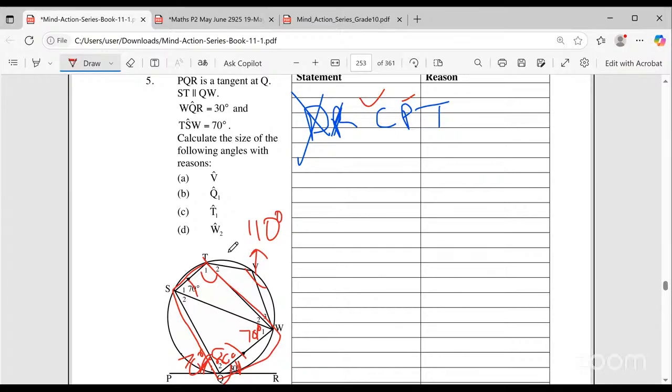Then now, what is the size of angle W2? 10 degrees. Yes, reason being, sum of angles of a triangle. Absolutely correct.